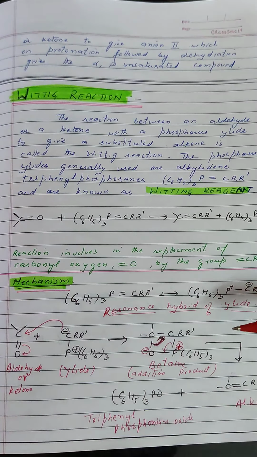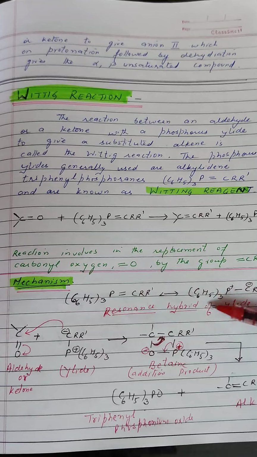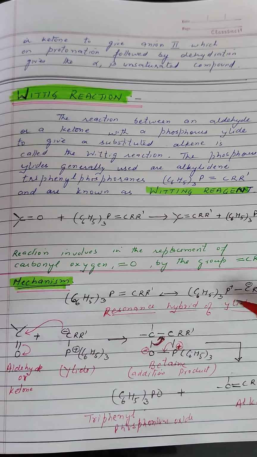Now let us discuss the mechanism of this reaction. The phosphorus halide is a resonance hybrid of these two contributing structures, as you can see here. In one of the contributing structures, phosphorus acquires a positive charge and the carbon acquires a negative charge.